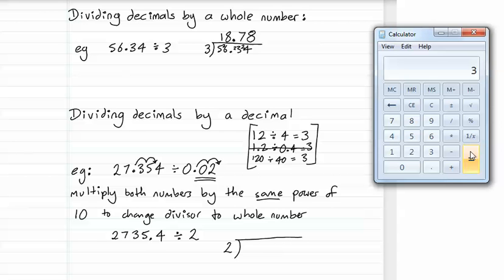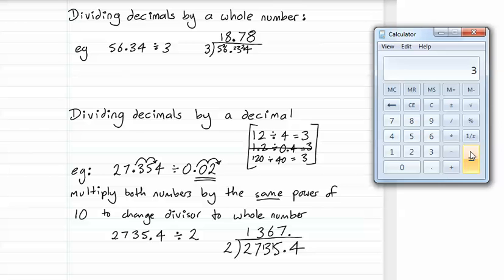Set up my algorithm and divide. 2 into 2 goes once, 2 into 7 goes 3 times, because 2 times 3 is 6, leaving me with 1 remainder. 2 into 13 goes 6 times, because 2 times 6 is 12, which leaves me again 1 remainder. 2 into 15 goes 7 times, because 7 times 2 is 14, so 1 remainder.